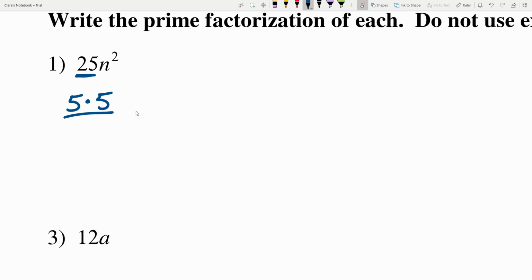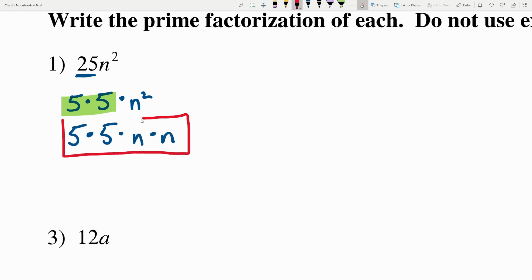Those are both prime numbers. So 5 times 5, remember we're multiplying by n squared, so times n squared. We have our prime numbers, but we still have this exponent, so we're going to write 5 times 5 times n times n. That's the prime factorization without using exponents of 25n squared.